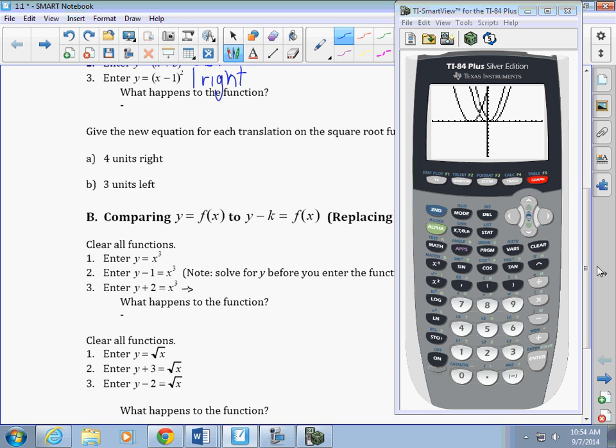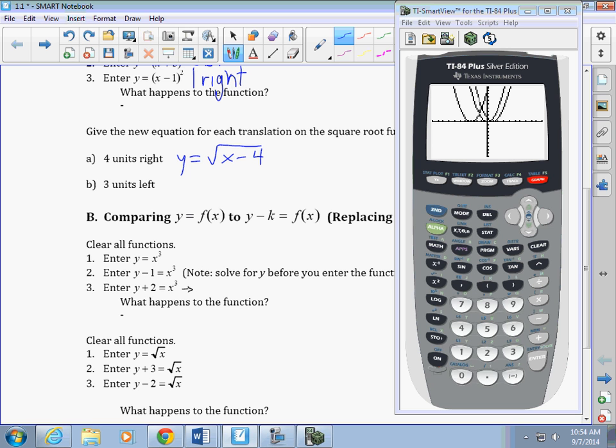So the next part says, give the new equation for each translation on the square root function. Y is equal to square root of x. So when we do that, if it's 4 units right, based on what we saw there, if we want it to go to the right, we'll have to put in a negative sign.